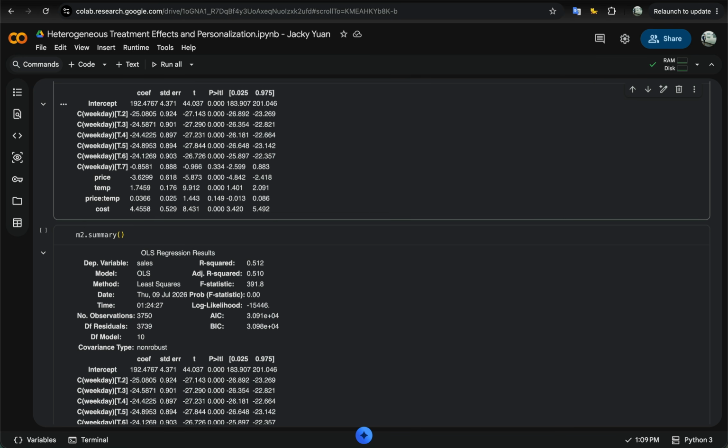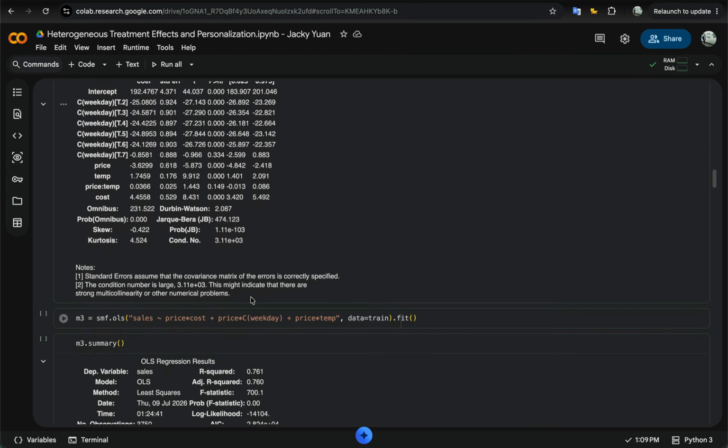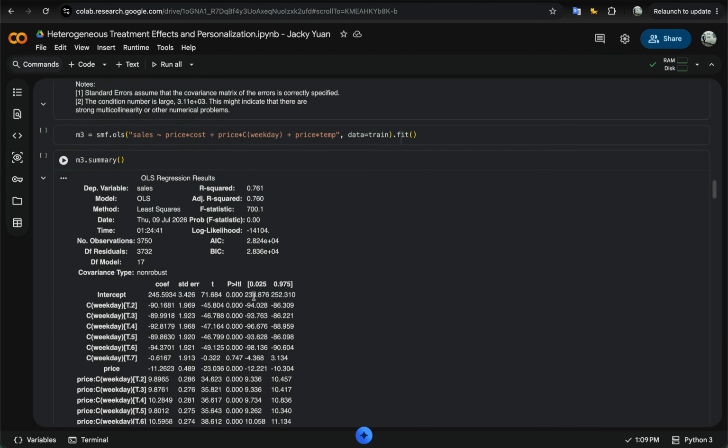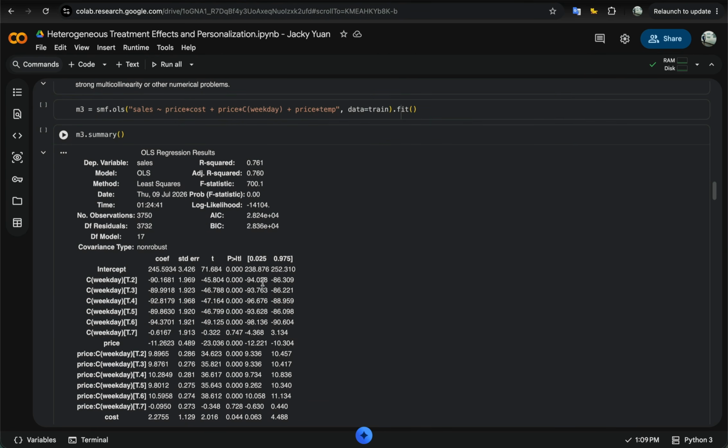So the interaction terms, in my opinion, are not just technical decoration. In this context, they are how we let the treatment effect vary with our context, which is X. Okay. And I'm going to move to the M3 regression that I created.